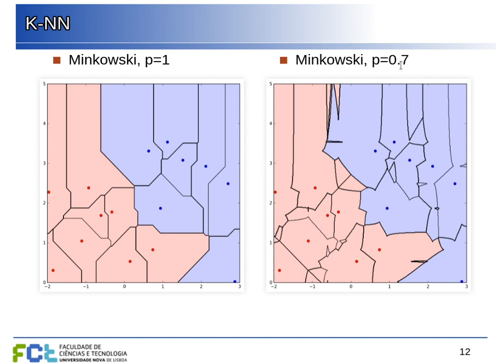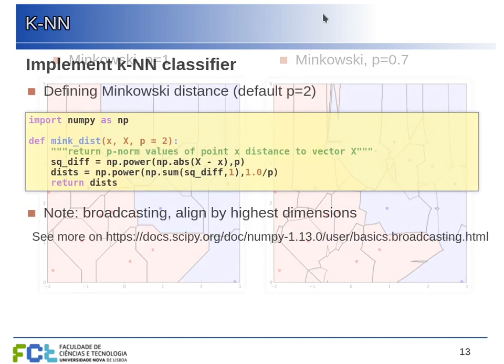If you use, for example, p equals 0.7, you have something that starts becoming a bit strange. So usually these other values for the Minkowski distance, although in theory we could use them, in practice become very unintuitive, so they are not generally used.